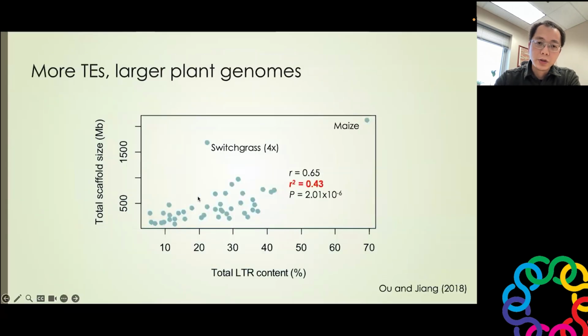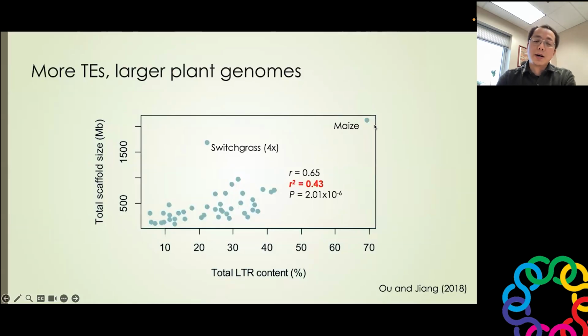If you look at the content of transposons, here I look at the LTR content, you can see it is almost linearly correlated with genome size. And this was using genomes assembled like 7 years ago. That means they were scaffold-level and highly fragmented, and still you can see this very obvious trend.